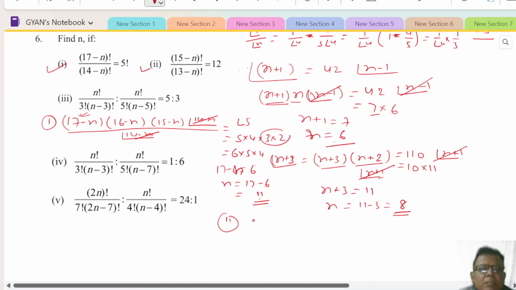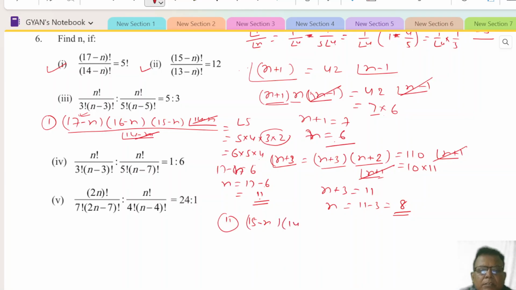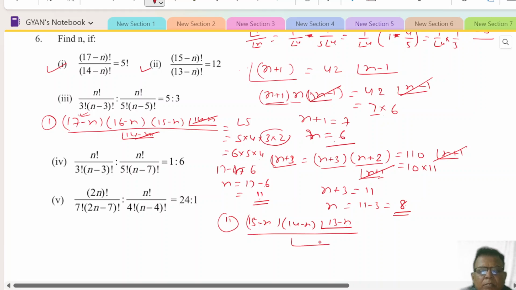Second, that is 15 minus n, 14 minus n and factorial 13 minus n divided by factorial 13 minus n is equal to 12. So this gets cancelled.